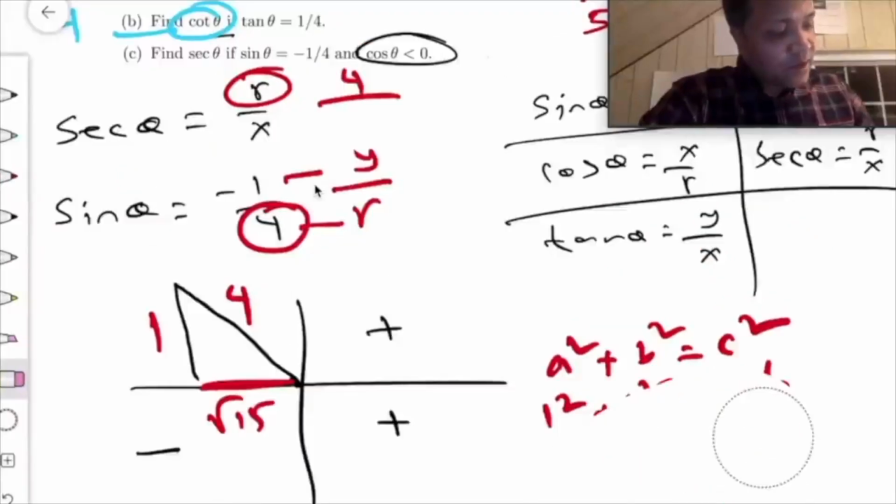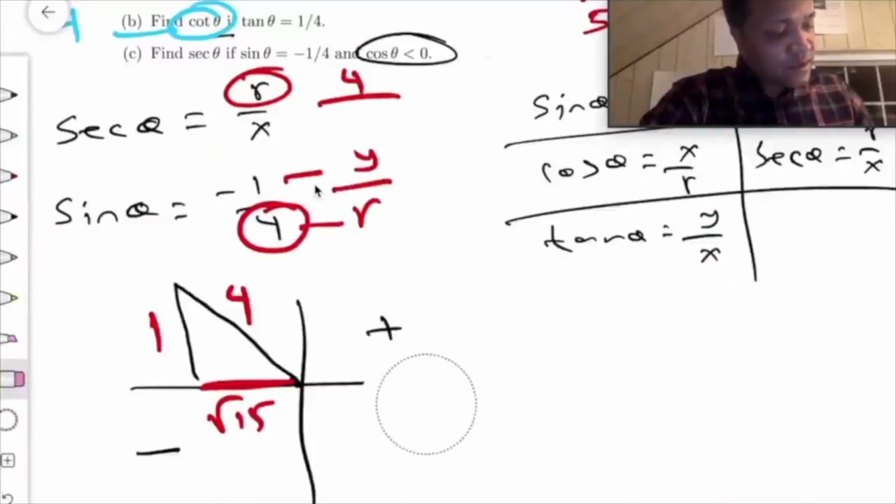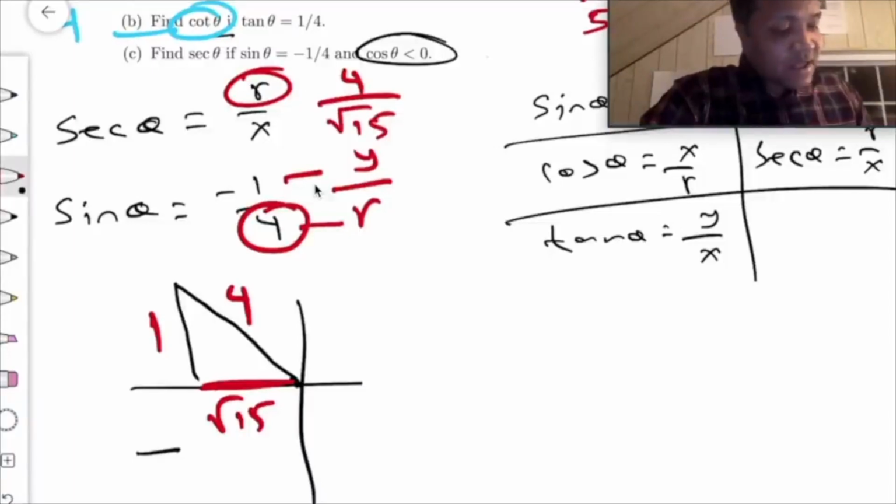Now we are trying to find secant. We can write x as the square root of 15, but that's not the answer. X is negative, so we have to put negative. But that's still not the answer.